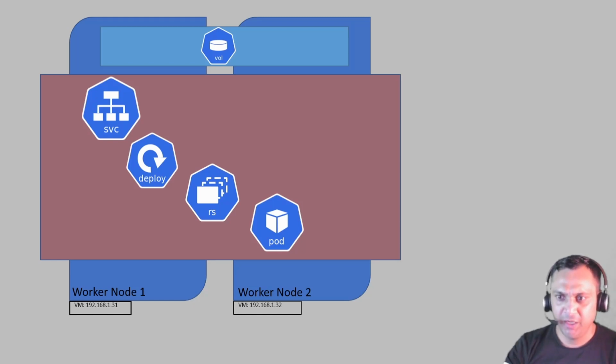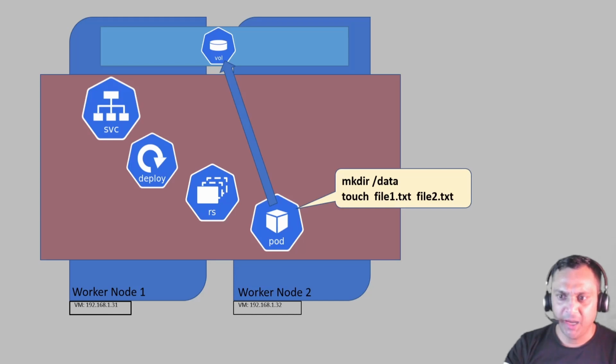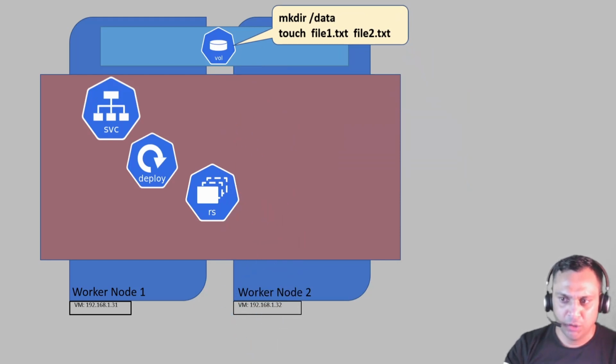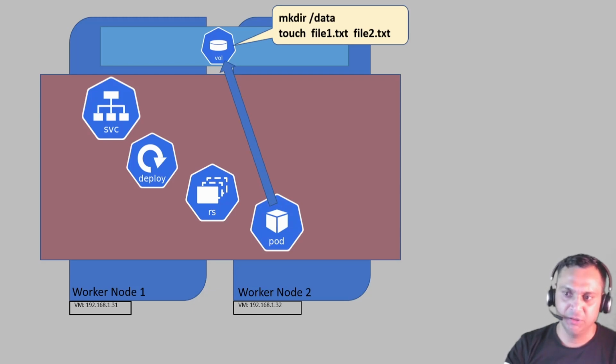First, we create a volume on the cluster and then attach this volume to the container. Now, when we write anything on this container, it actually writes on the volume. If this pod or container goes down, then the replica set will create a new pod with the old configuration, and this pod is linked with the volume.